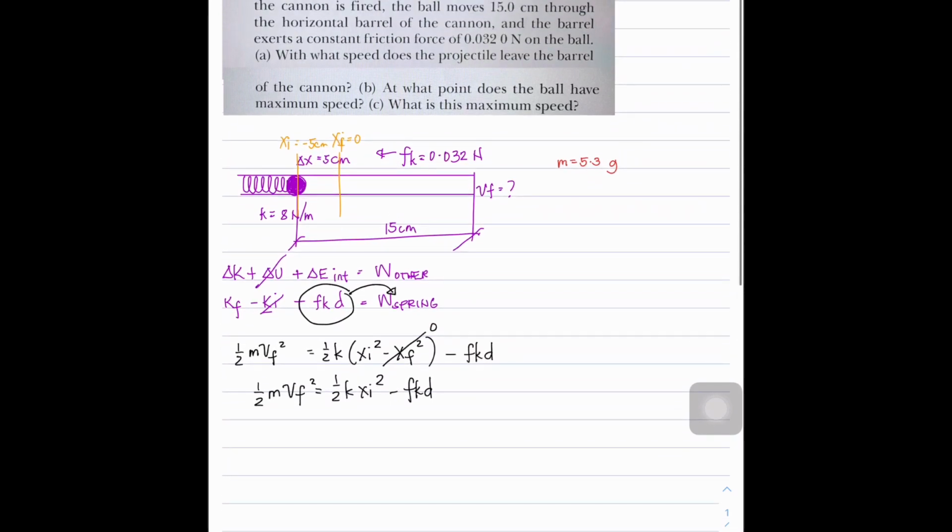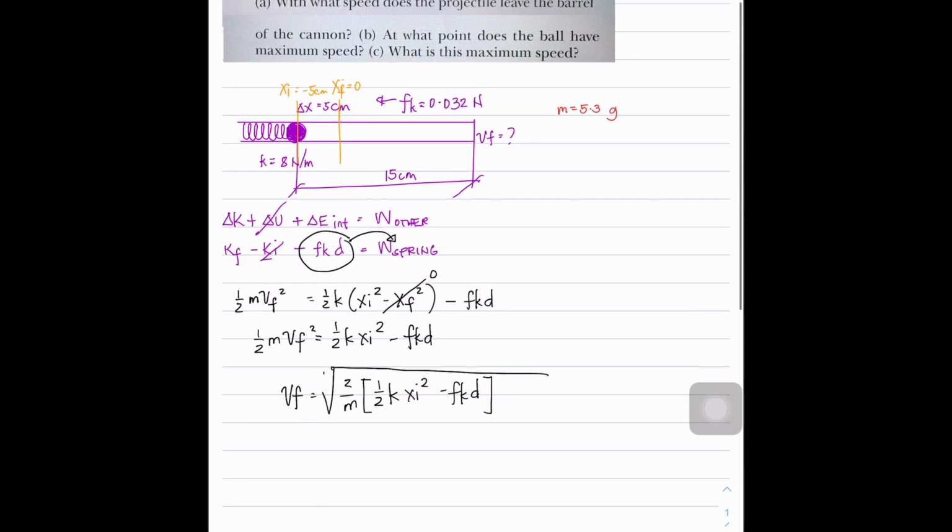Now let's get the formula for Vf. Vf is the square root of 2 over m multiplied by (1/2 k xi squared minus fkd). Then we just apply the parameters. So 2 over m, that's 5.3 grams, so 5.3 times 10 to the negative 3 kilograms.